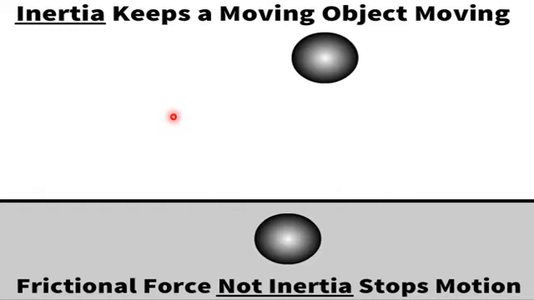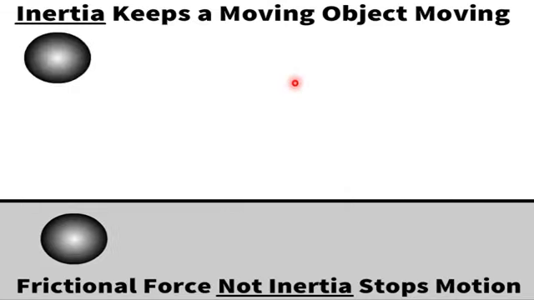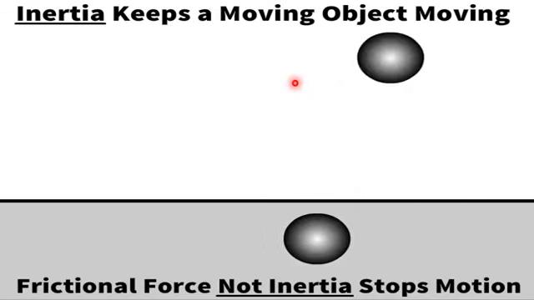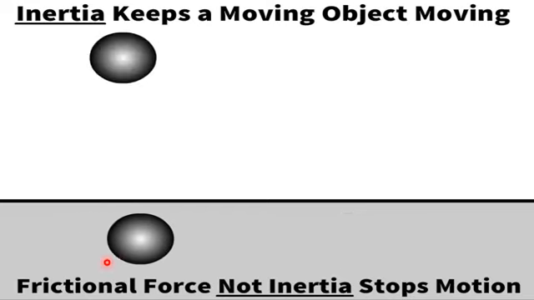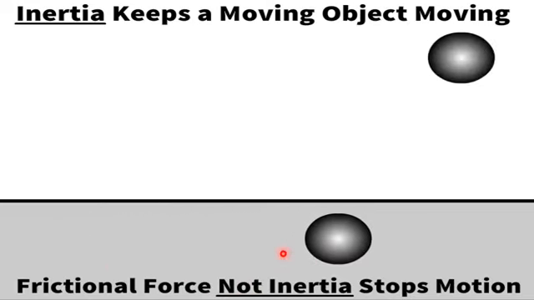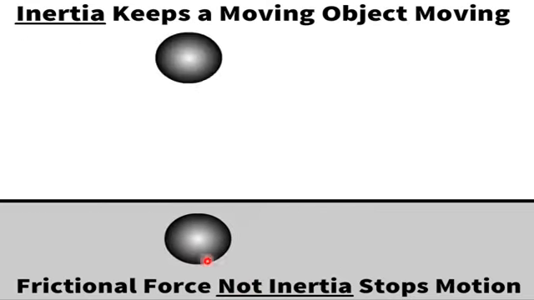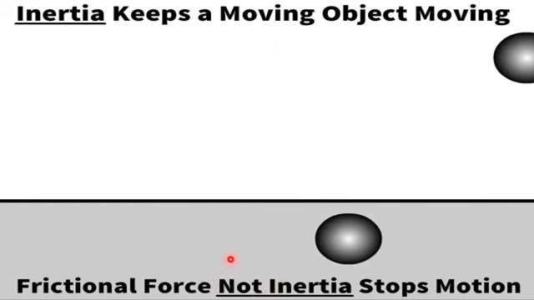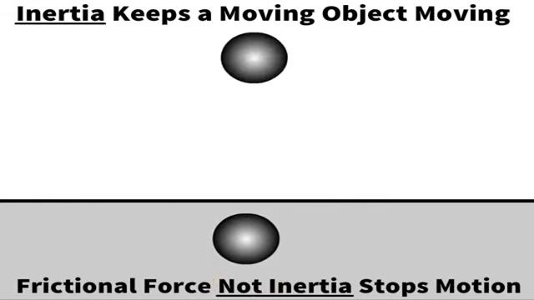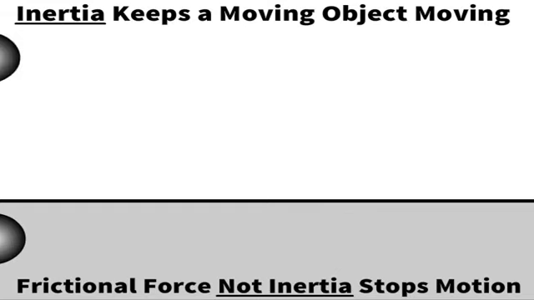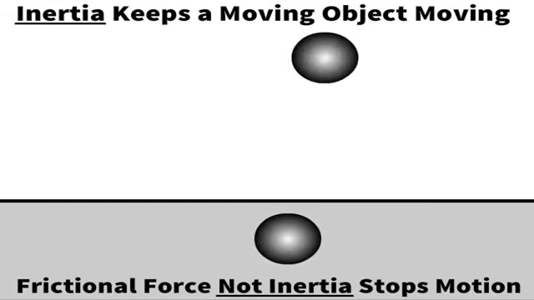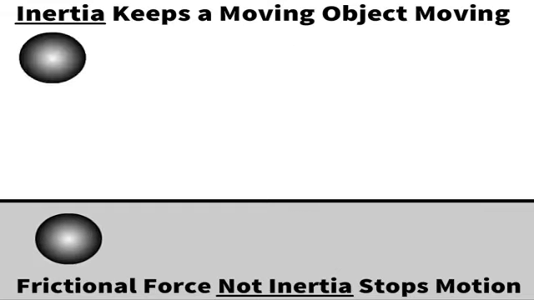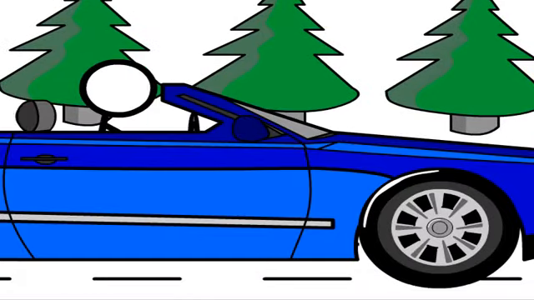So inertia will keep a moving object moving. It's only friction force which will stop the motion of the object. It is not inertia. Inertia will say a moving object will continue to move, or an object at rest will continue to be at rest.